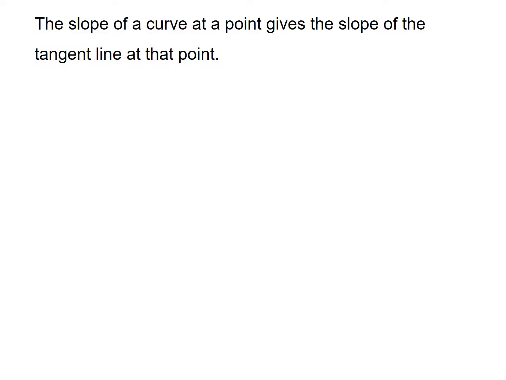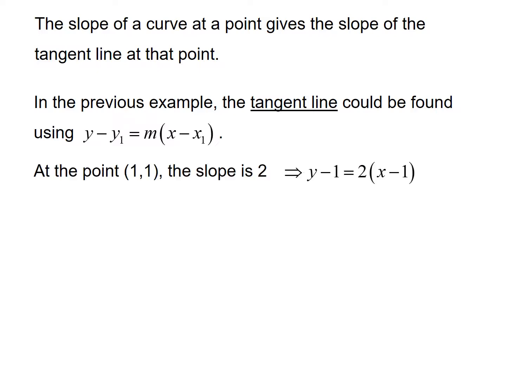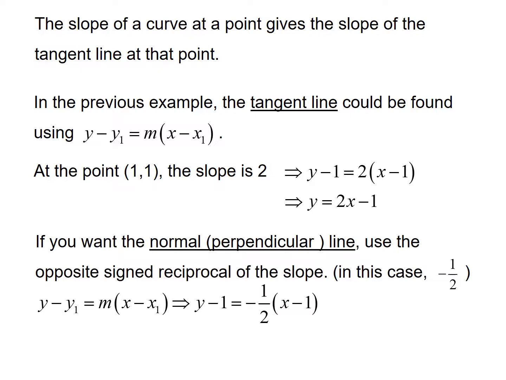All right, so if we find the slope of a curve at a point, that gives us the slope of the tangent line to the curve at that point. So if we find the slope at the point, we can also find the tangent line. So remember the equation of a line, y minus y1 equals m times x minus x1. We've already found that at the point (1, 1), the slope is 2, so plug all that information in, and we can find that this curve has a tangent line of y equals 2x minus 1 at the point (1, 1).